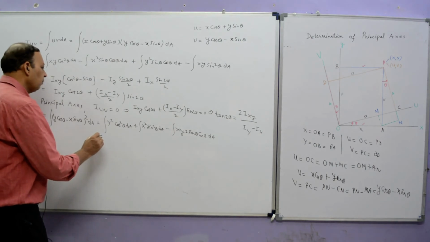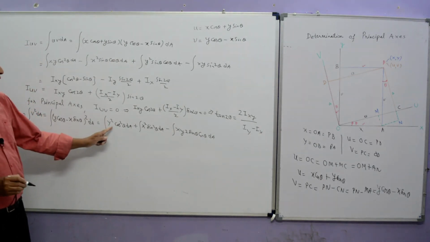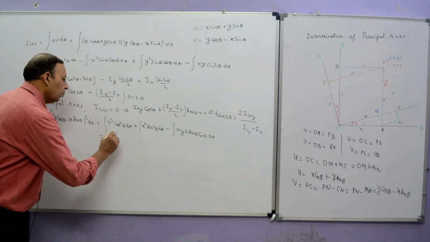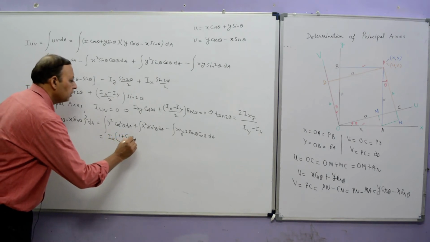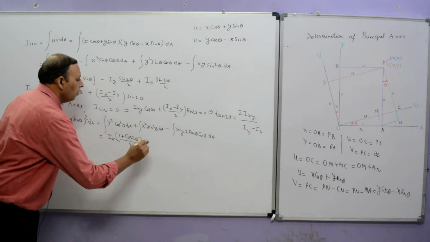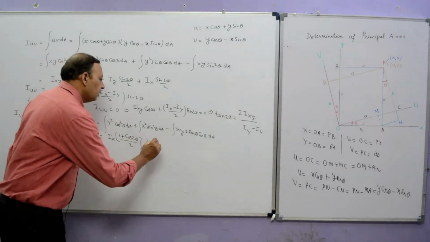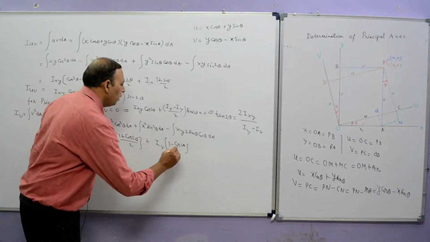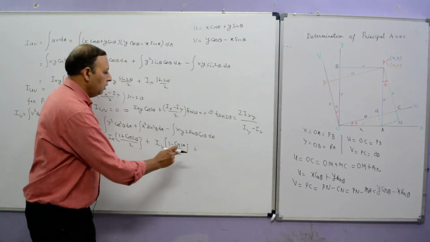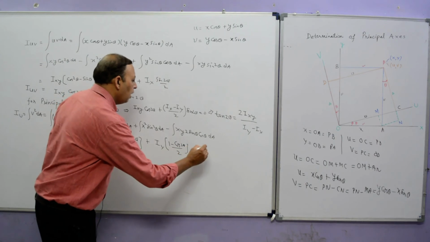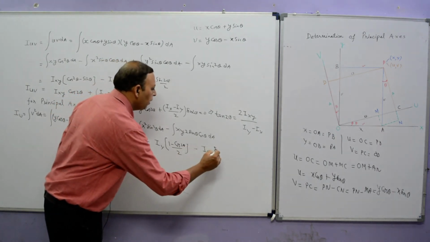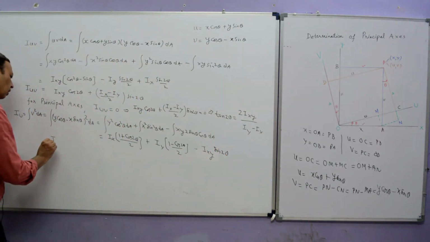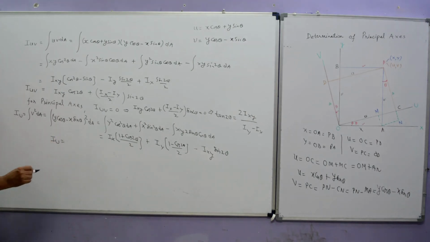So y square dA is Ix, with cos square theta as 1 plus cos 2 theta by 2, x square is Iy, with sin square theta as 1 minus cos 2 theta by 2, plus this value is minus Ixy sin 2 theta.